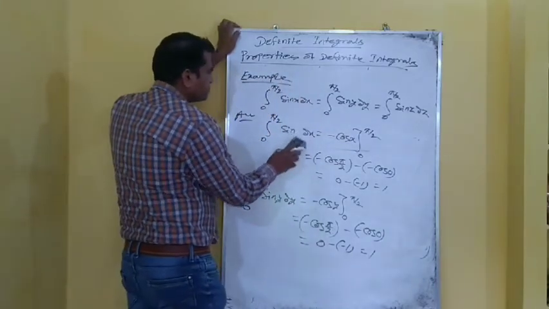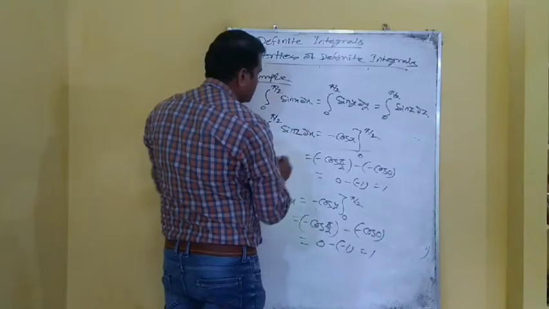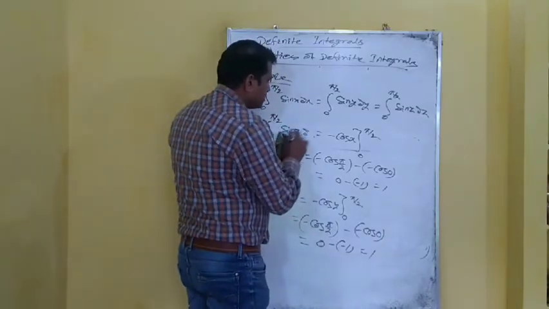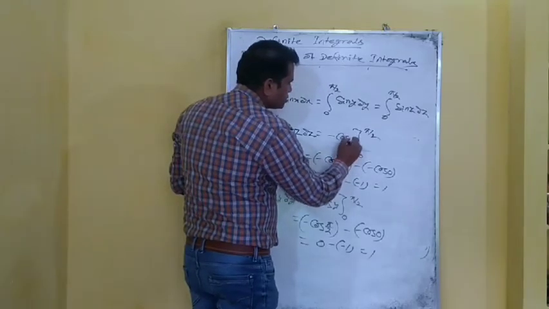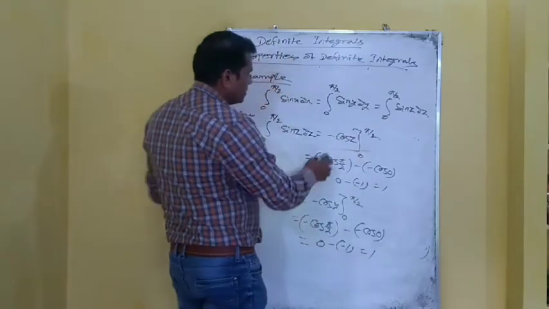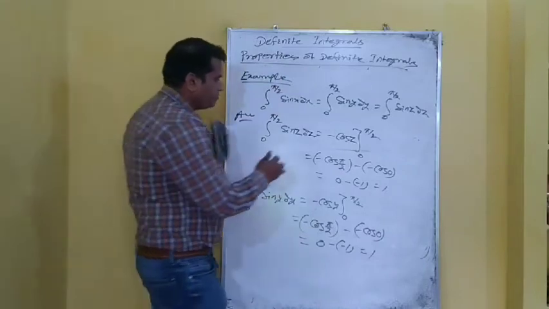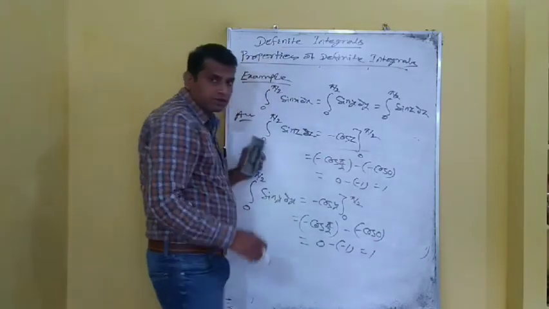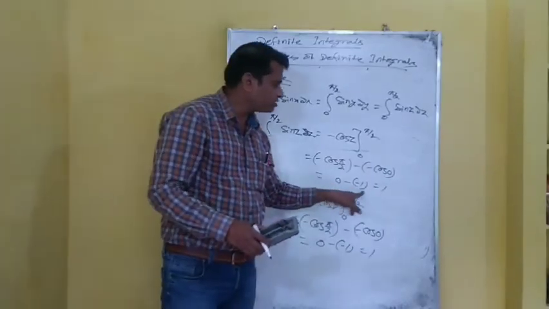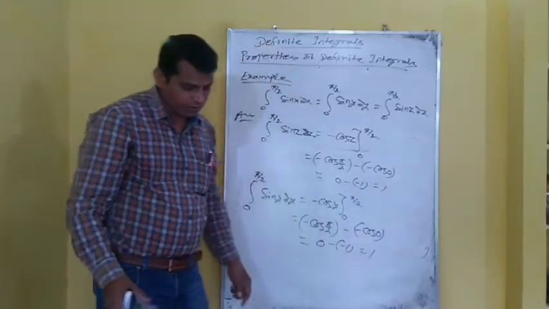Similarly, the integral from 0 to pi by 2 of sin z dz is minus cos z, so we have minus cos pi by 2 minus cos 0, that is 0 minus 1, which equals 1.